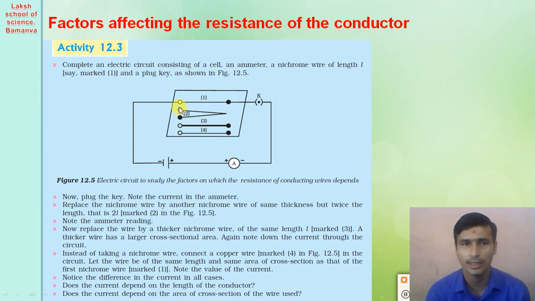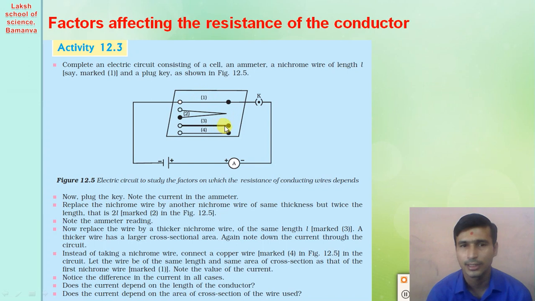The nichrome wire has a different length, different diameter. Number 1 is the nichrome wire of length L. Number 2, the length of the wire is double, right? The nichrome wire of increased length.